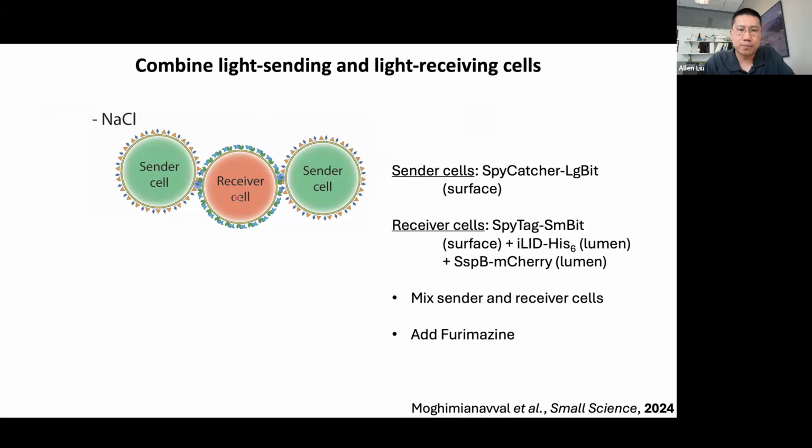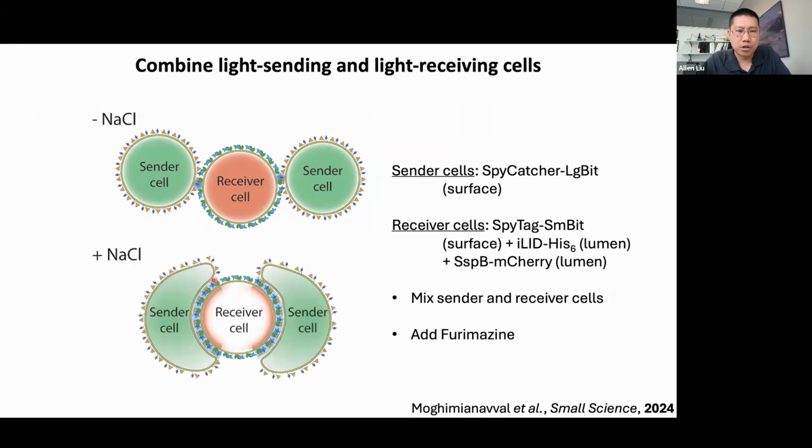Now, during developing the system, we realized that we needed to osmotically deflate the cells in order to generate a large enough membrane contact phase. So you'll see that we would add sodium chloride to create this larger interface. Okay, so the sender cells will have spike catcher LG bit. The receiver cell has spike tag SM bit.